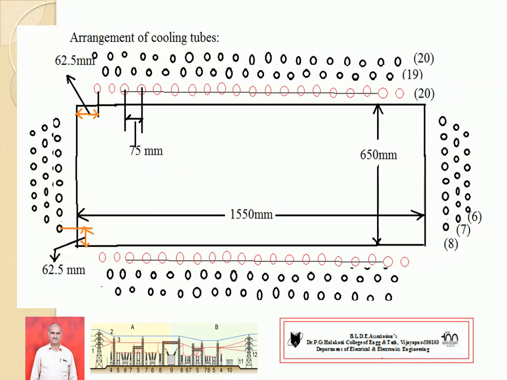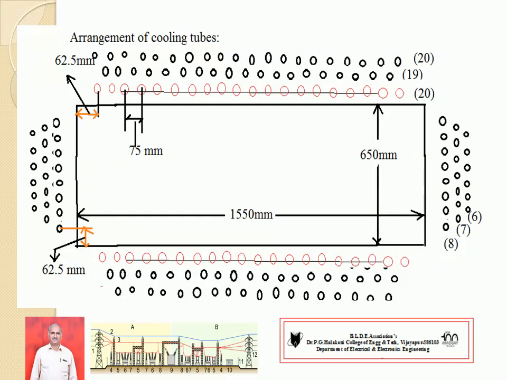It may be 100, it may be 75. The distance between the centers of adjacent cooling tubes, minimum, is 75 mm. The standard distance between adjacent tube centers is 75 mm as shown in the diagram. By taking this value, you make trial and error calculations for the number of cooling tubes.